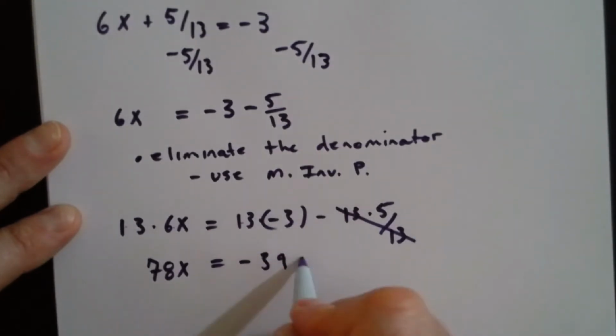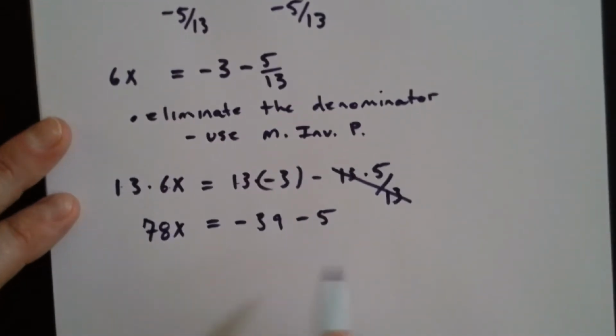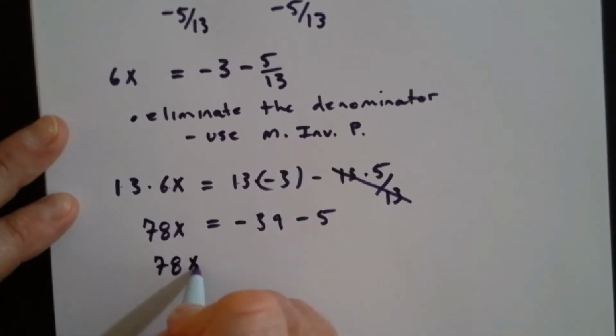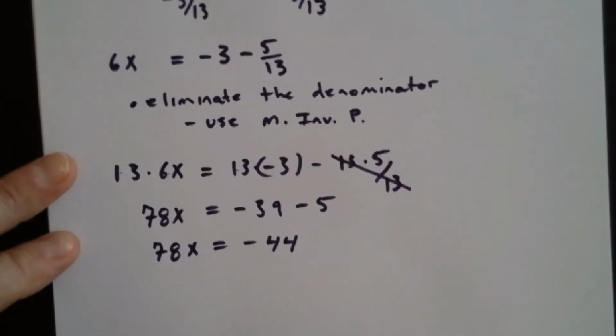And then we have minus 5. And so we're going to combine like terms. Is minus 44. And of course, we're going to use our multiplicative inverse property again.